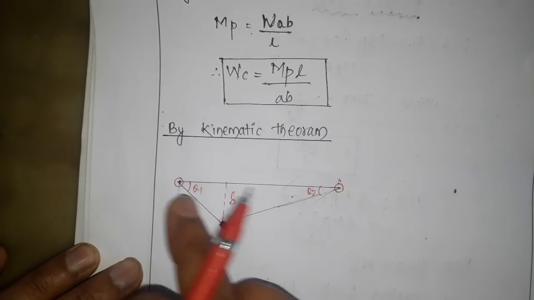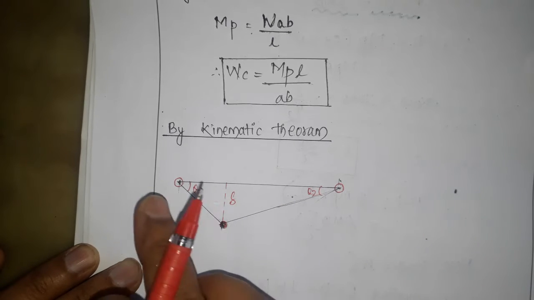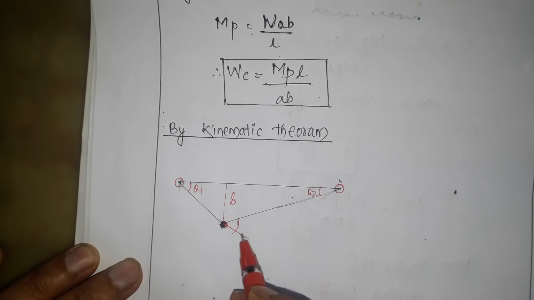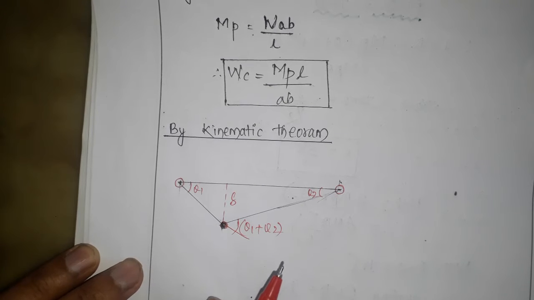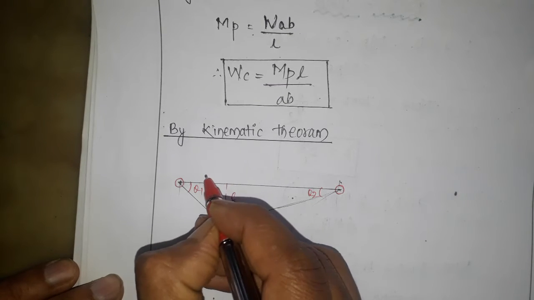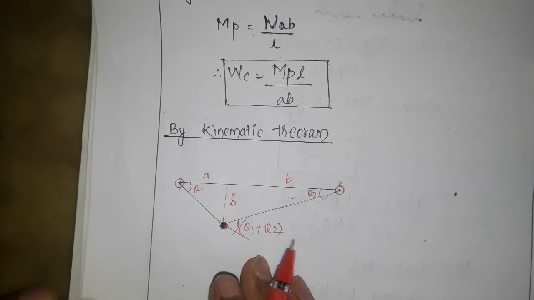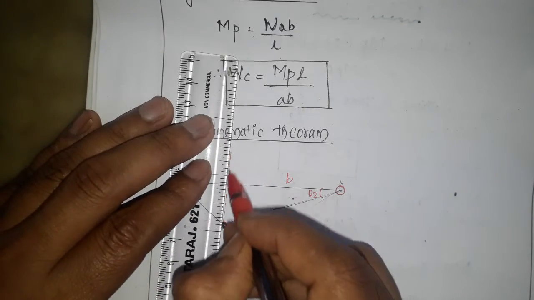Are you getting my point? The load is not symmetrical here, so I will not call it theta and theta, I will call it theta 1 and theta 2. So the hinge rotation will be theta 1 plus theta 2, and the span from here to here is a and from here to here it is b, with the concentrated load W.